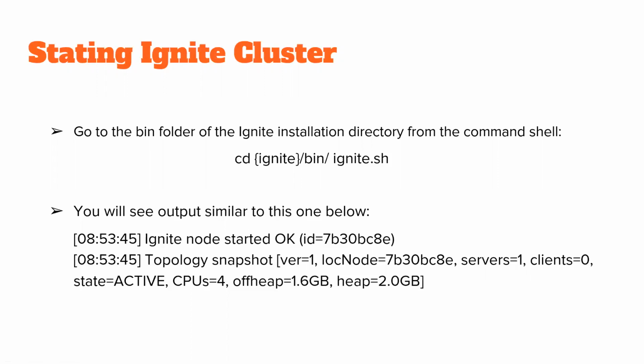Start an Ignite node with a custom configuration file, passing it as a parameter to ignite.sh like this. You will see output similar to this one below. So here, node started okay means your Ignite cluster has started and you are able to perform various DB operations on it. Now we will start the Python thin client of Apache Ignite.